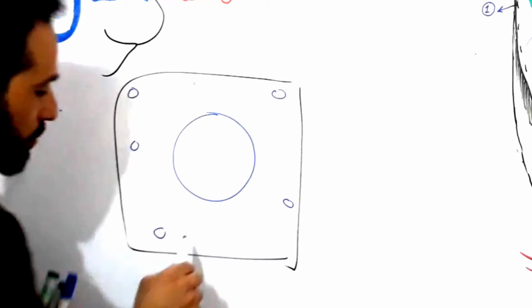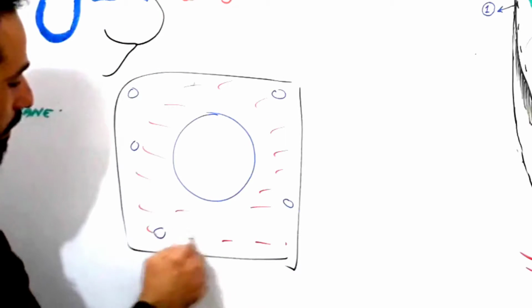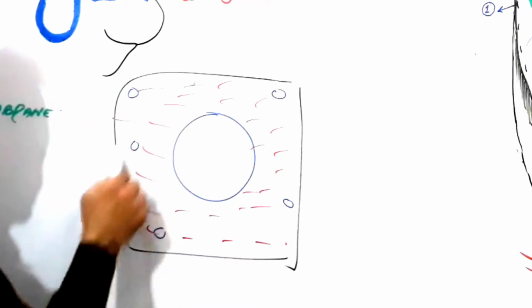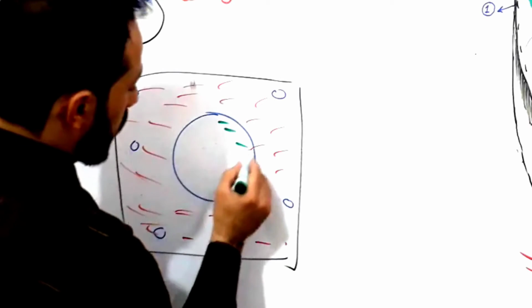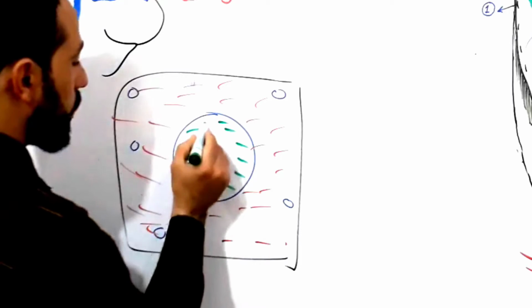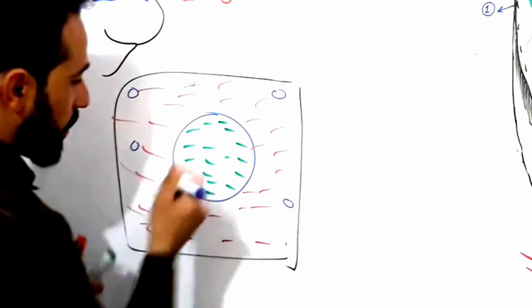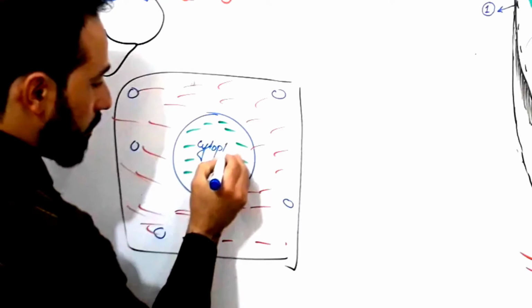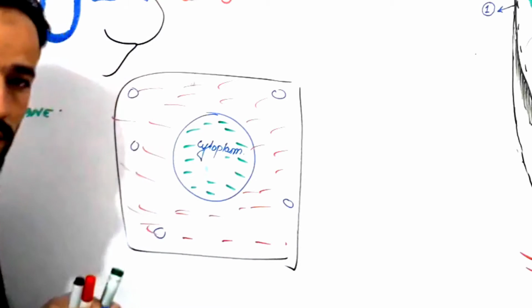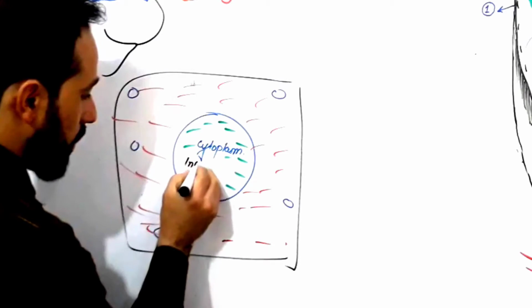As you know, in the tissue we have certain substances, certain fluids, and inside the cell we also have fluids, right? The fluids which are present inside the cell are called cytoplasm, or we call them intracellular fluids.